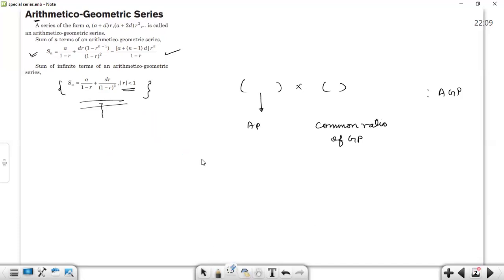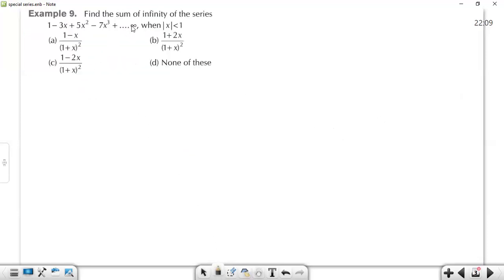Let's now solve an example. We have to find the sum to infinity of this series. Let's check what this series belongs to. Is it an AP, GP, HP, or AGP? 1 minus 3x plus 5x square.